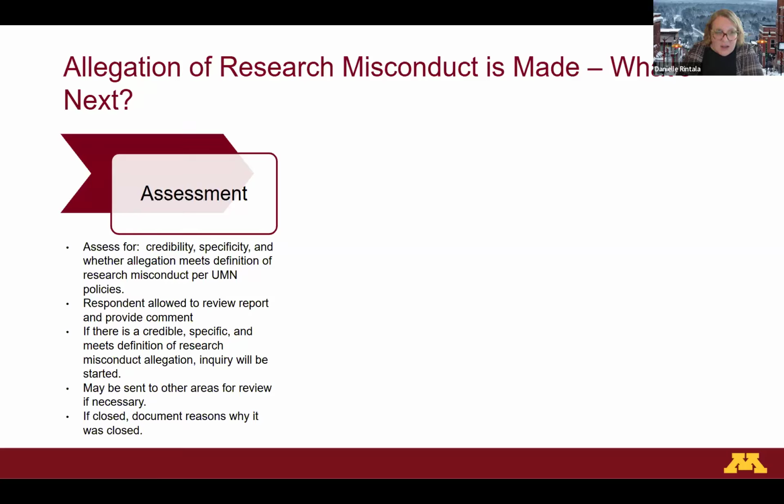If it is not credible, it's not specific, and it doesn't meet the definition of research misconduct, then we can close it at assessment. But even if we close it at assessment, we have to have clear documented reasons why we close it at assessment, which the federal government can request of us at any point. So if we had a situation where we closed something out, but they got an allegation at their office that they felt had a different outcome, they could request, according to federal regulatory policy, that assessment report.